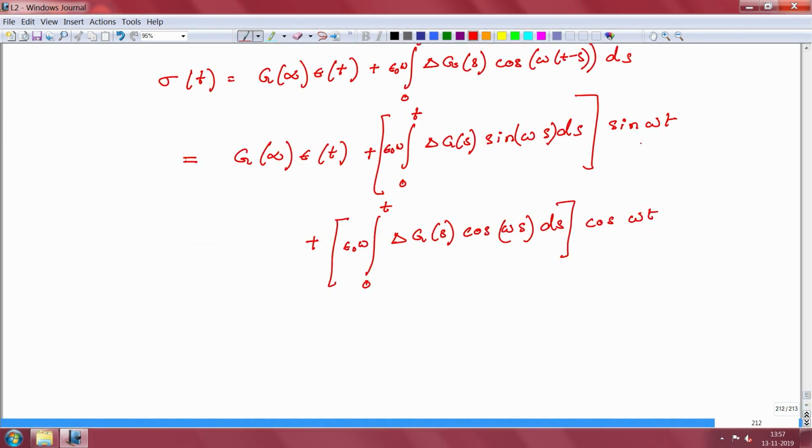So, here we know that, by the way, epsilon t, this term is equal to epsilon naught sine of omega t, right.